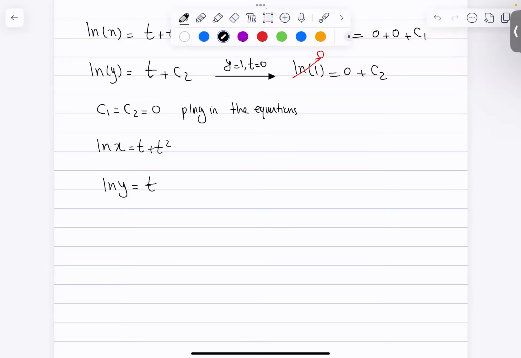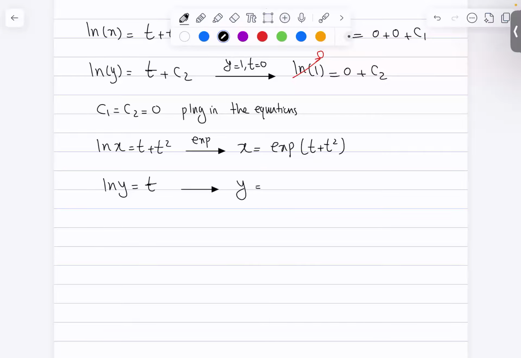And of course, it's easier if we just get explicitly x and y in terms of t. So all I have to do is just take the exponential. So exponential of ln x is just x. Exponential of the right-hand side, we're going to write it as exp of t plus t squared. And we do the same thing here.